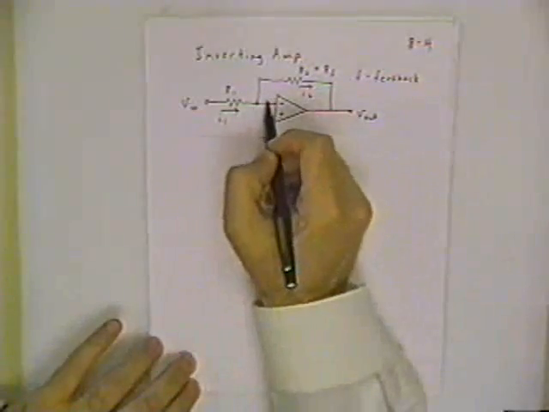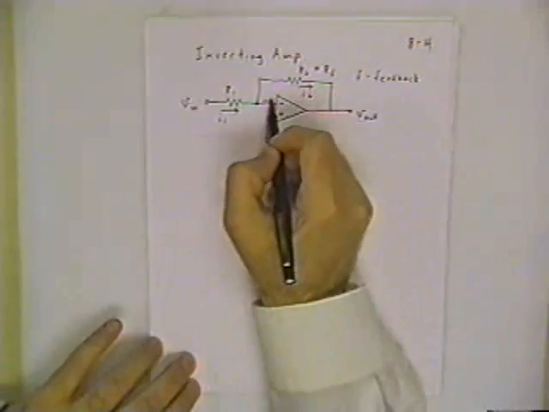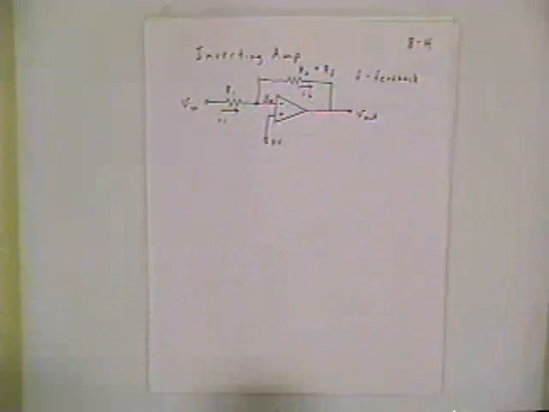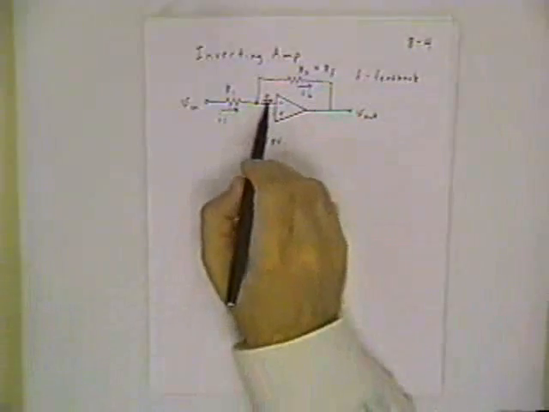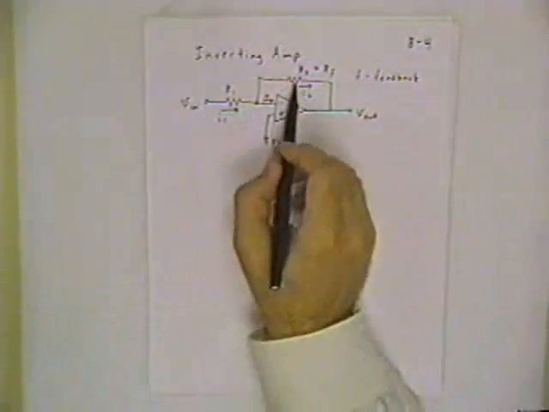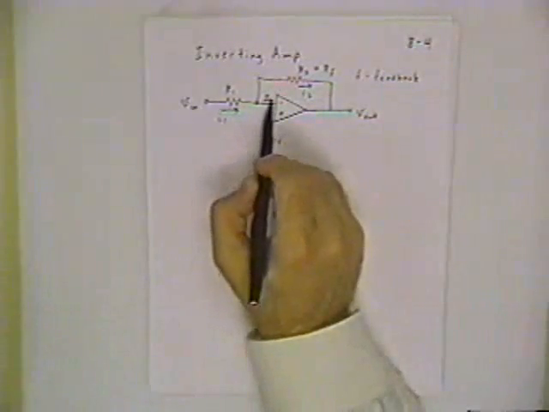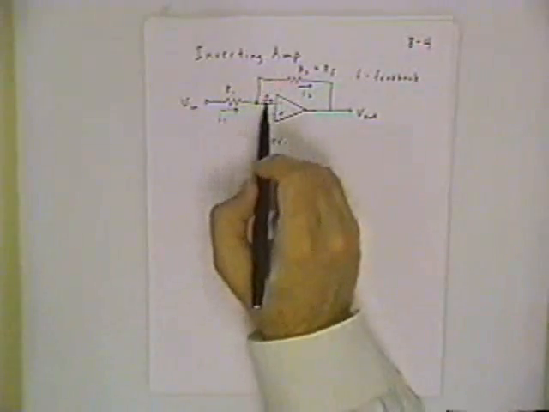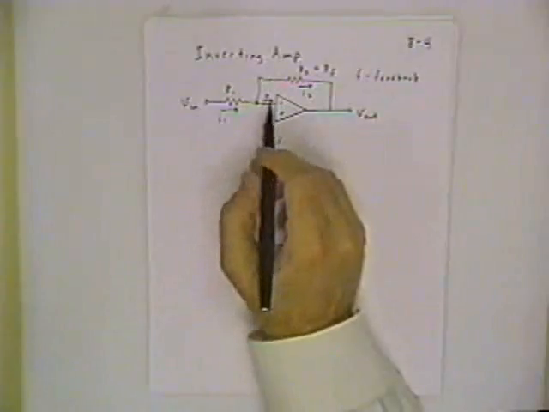Remember what I said about the ideal model? The current in this wire is 0. And that in reality would be a few microamps, but compared to the milliamp level currents, it's so much smaller in a real circuit than the other currents in the circuit that we can effectively approximate it as 0.